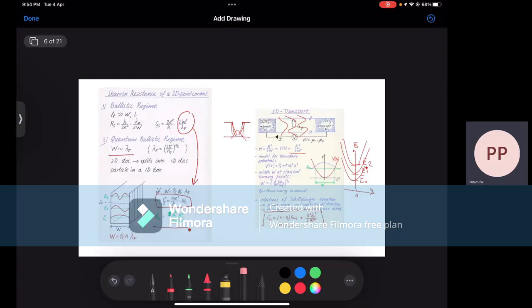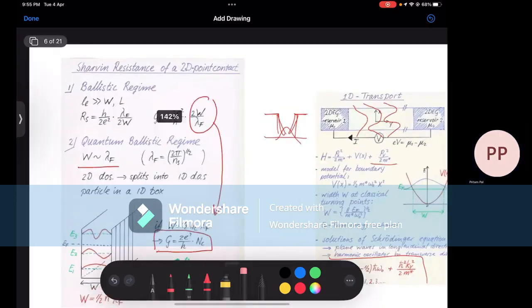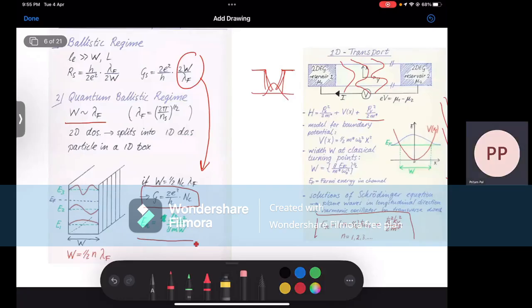In the ballistic regime, like I already highlighted, I'm not going to derive it now, but basically conductance can be derived to be proportional to a prefactor which combines the fundamental constants and this factor, 2W over lambda_F, which contains the width W of the constriction and the Fermi wavelength.